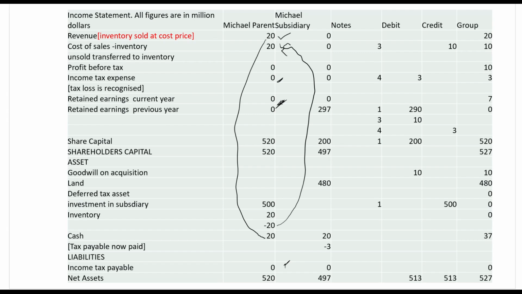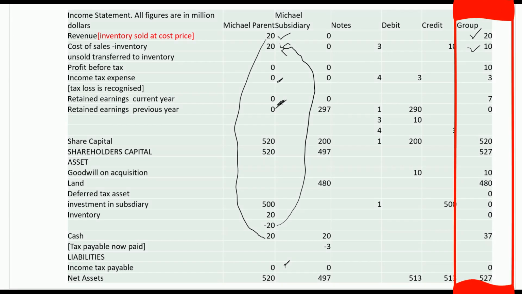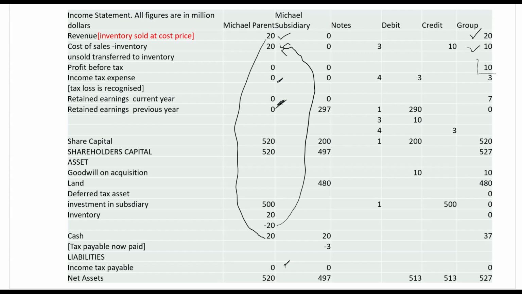And when we look at the group financial statement, what we see is that inventory was sold outside the group for 20 million and its cost of sales was 10 million. So therefore, the group made a profit of 10 million and the income tax expense is 3 million. And the profit for the group, therefore, is 7 million.